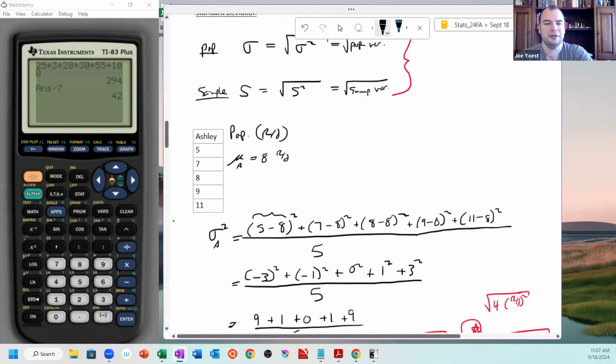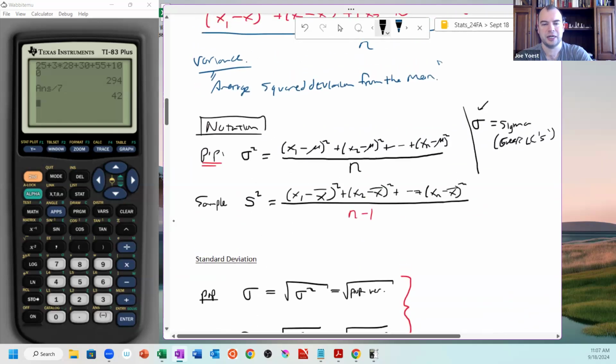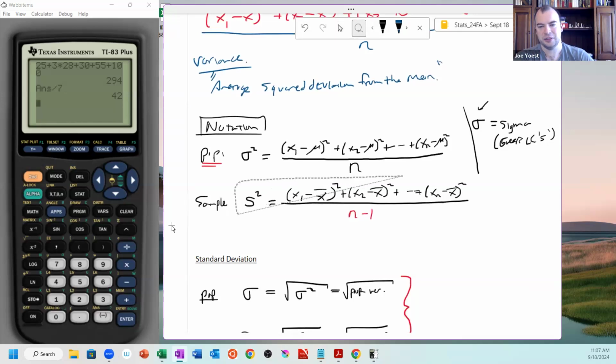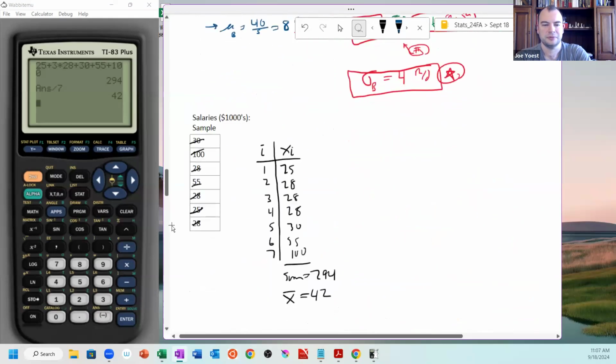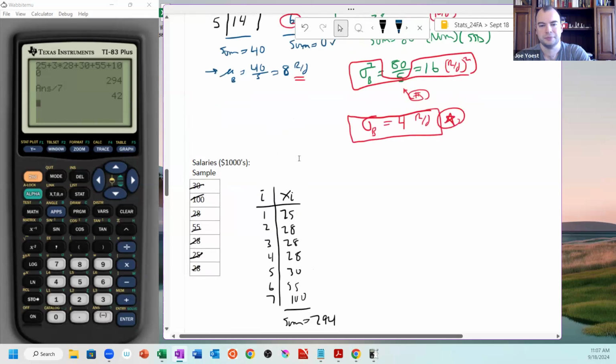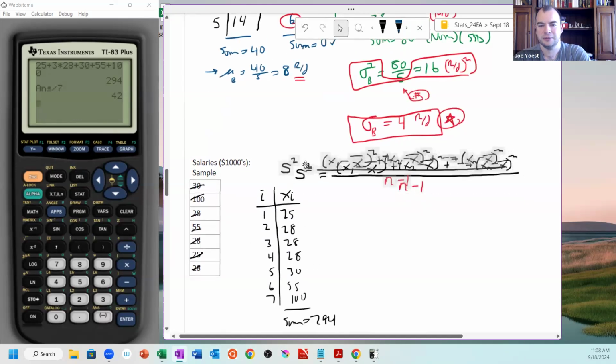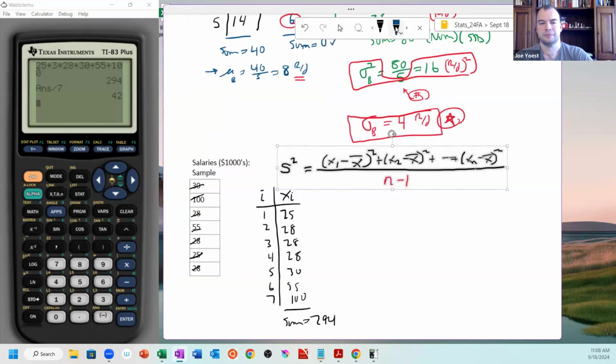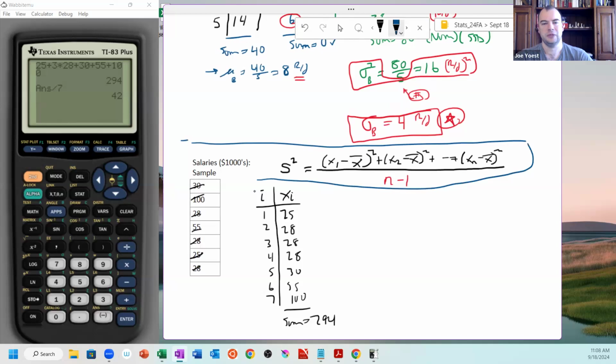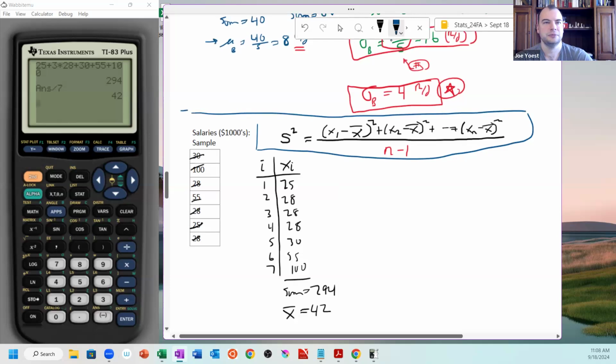So again, what's my formula for sample variance? It starts out very similar. Maybe I'll actually copy it down as well and cross my fingers again that everything copies nicely. Can I fit it here? Okay, good. So the setup for the numerators is exactly the same.